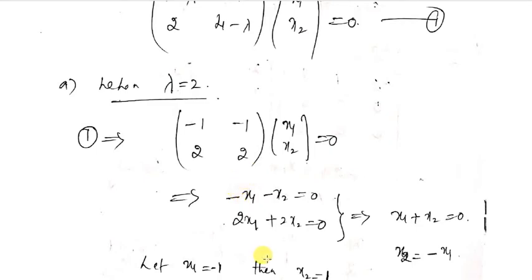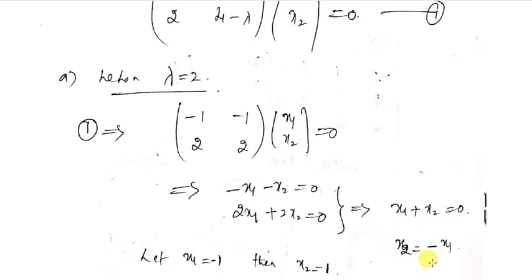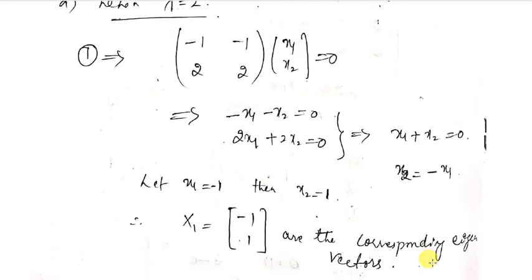Simplifying this matrix equation, which reduces to two linear equations, the equivalent equations are minus x1 minus x2 is equal to 0, 2x1 plus 2x2 is equal to 0. These two equations yield the same equation, that is x1 plus x2 is equal to 0, right? Which can be taken as x2 is equal to minus x1, or we can consider this as the ratio x1 by x2 is equal to minus 1 by 1, so that we get x1 as minus 1 and x2 as 1, which in turn gives the corresponding eigenvector.